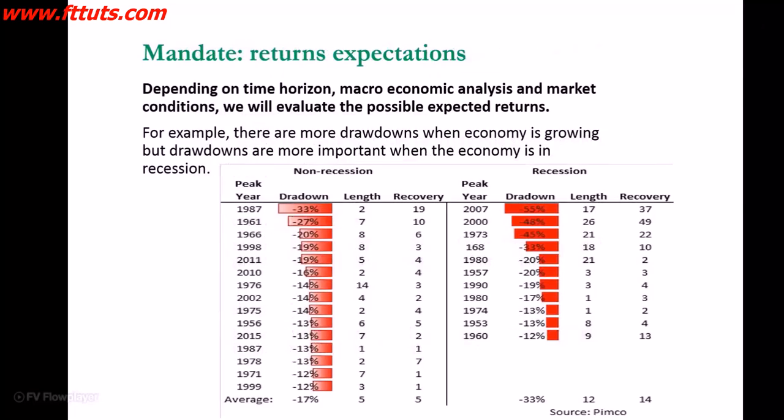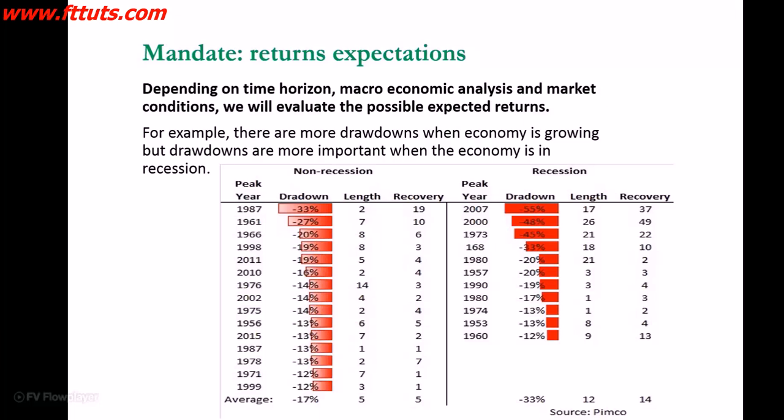So something that is fundamental in the mandate is what are the returns that we could expect. Obviously, depending on time horizon, macroeconomic analysis and market conditions, we will evaluate the possible expected returns. For example, as we say here, there are more drawdowns when the economy is growing, but drawdowns are more important when the economy is in recession.